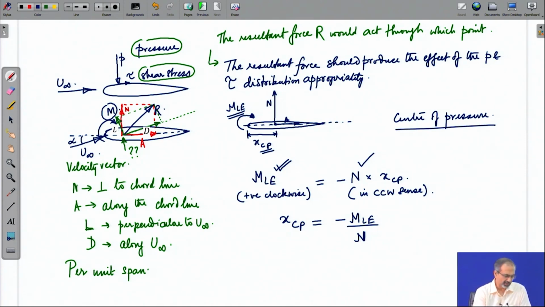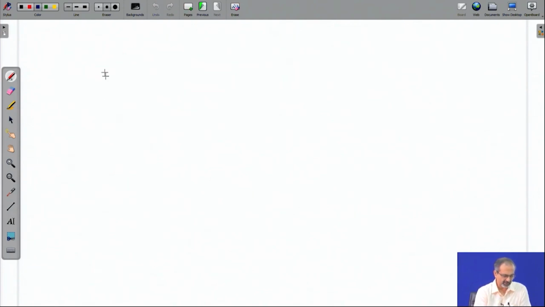So, let us re-emphasize the significance of the center of pressure once again by defining it.